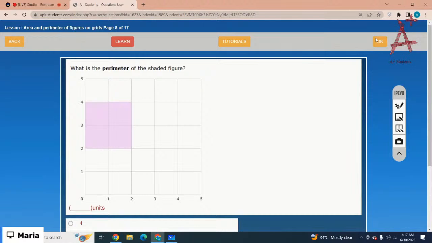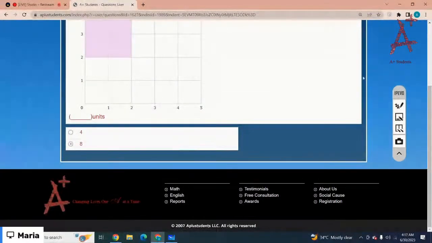Just calculate the perimeter and let me know. 1, 2, 3, 4, 5, 6, 7, 8. The perimeter of the figure is 8. The correct option is 8.